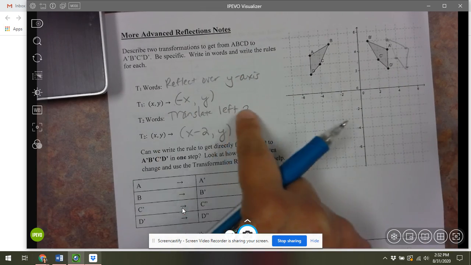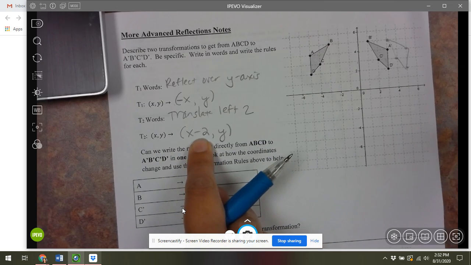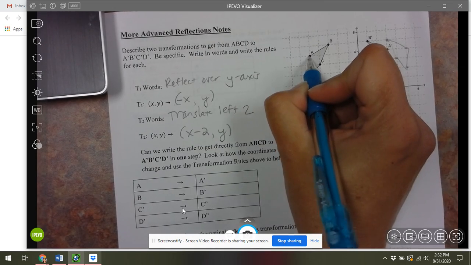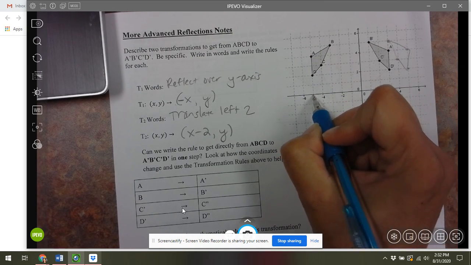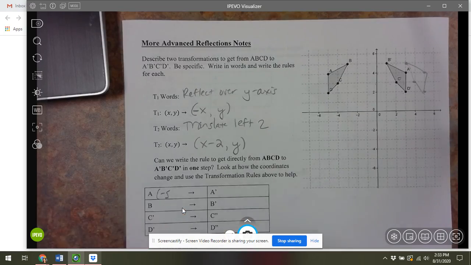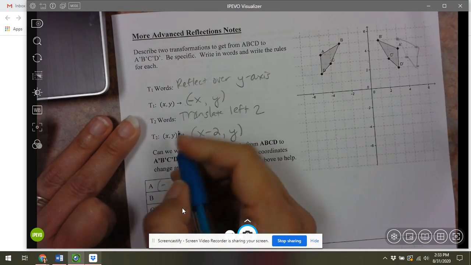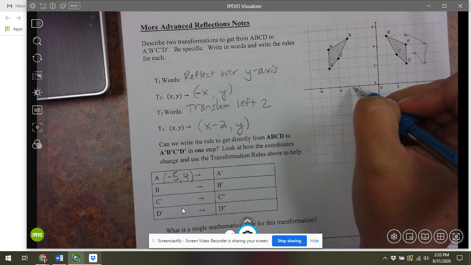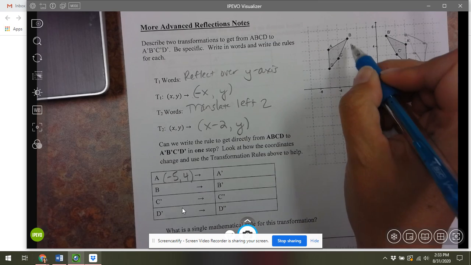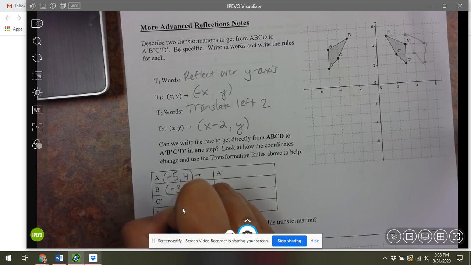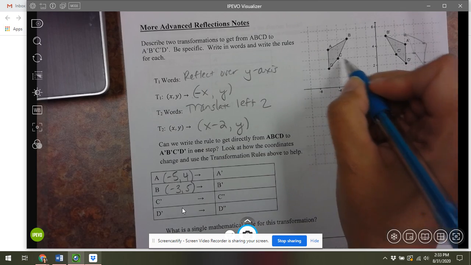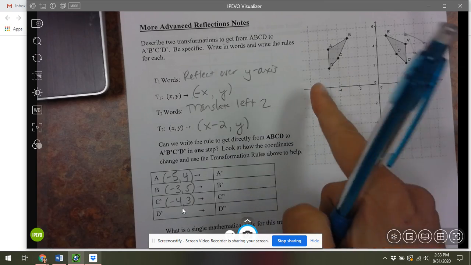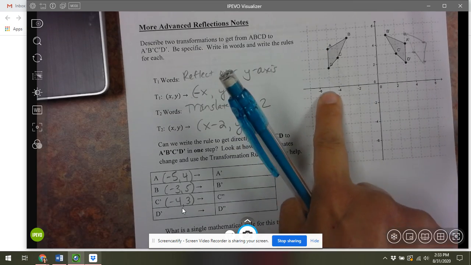And here's the rule for the second step in words and the rule. So let's look at what happened to the points. A is the point -5, 4. The original point is -5, 4. The original B is -3, 5. The original C is -4, 3. And the original D is -5, 2.